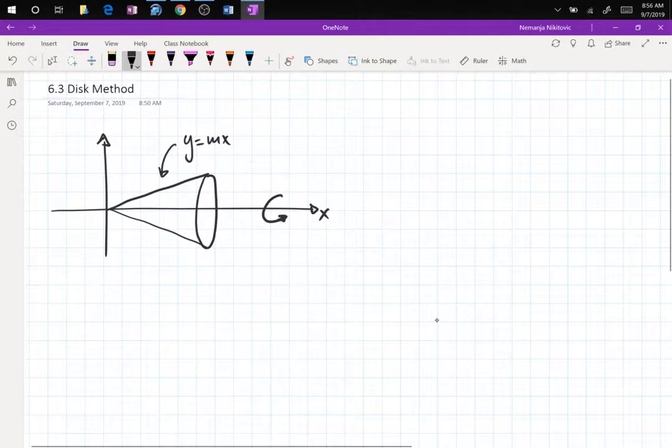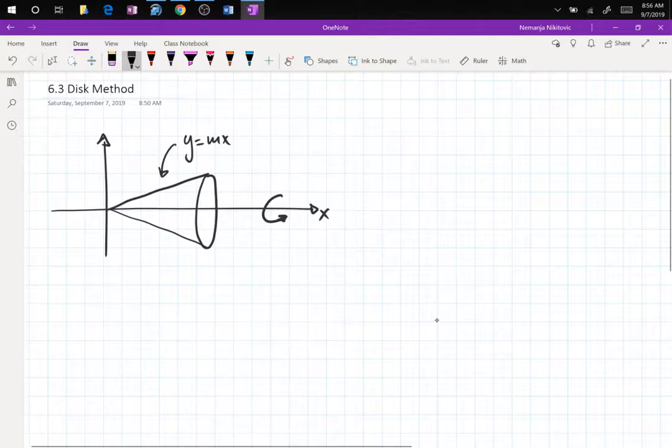Because you know what CDs are, right? They're still around. A CD is a circular object that's very, very thin. Now that very thin thickness is going to be our dx for the integral that is coming up.